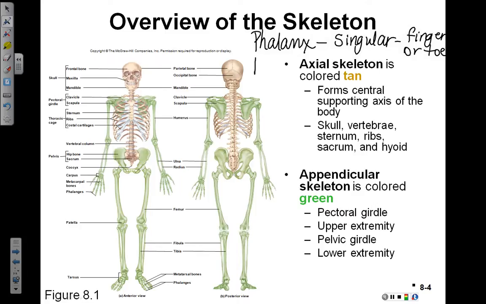Phalanges, you're talking about all of them. It's plural, right? You're talking about all of your fingers and toes. Phalanx, you have one. I think on your word bank you have the word phalanx. I don't think you have phalanges on there, but just wanted to bring that to your attention. I've been marking it wrong. Y'all are the last group taking this test.